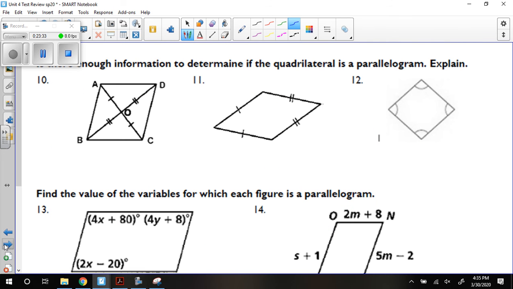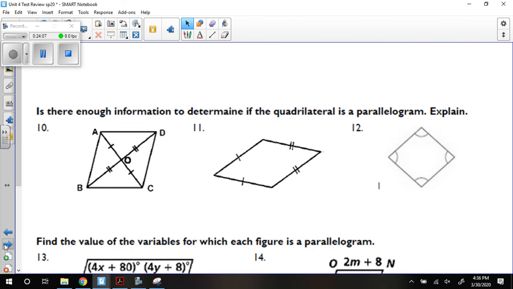For 10, 11, and 12, you have to decide if there's enough information to determine if these are parallelograms. So number 10, you have diagonals that are marked that they bisect each other. Like this piece is congruent to this piece, and this piece is congruent to this piece. One of our properties of a parallelogram, you know what? I am going to list out those properties for you.